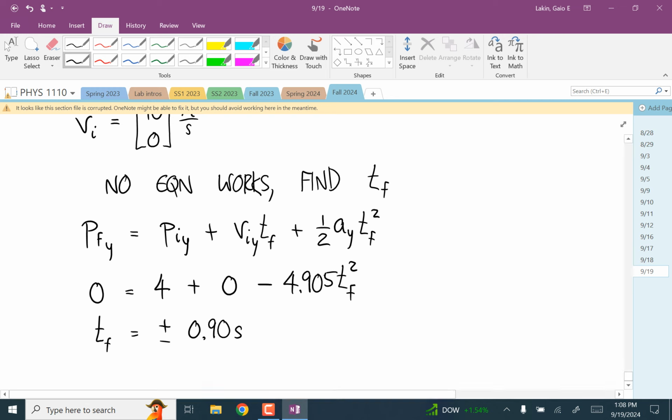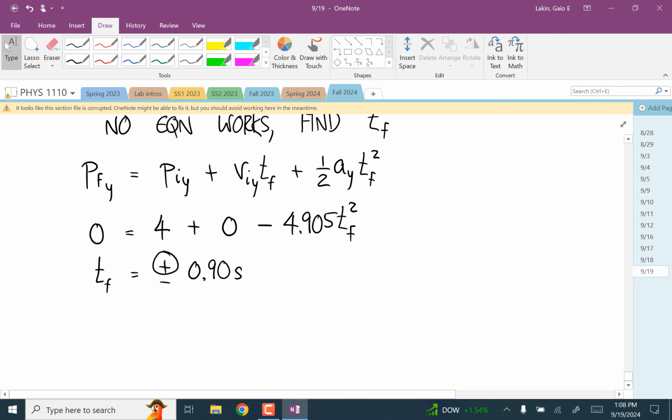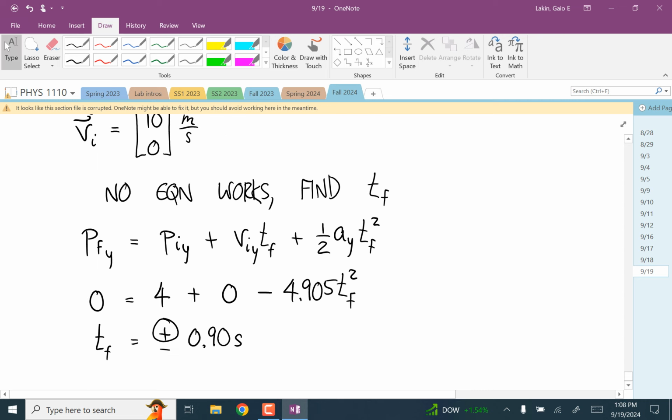Okay, which one do we want, the positive or negative time? Yeah, we only have positive times in this whole class, so that's an easy choice. And now that we know time final, that's one more thing in our column of stuff we know.